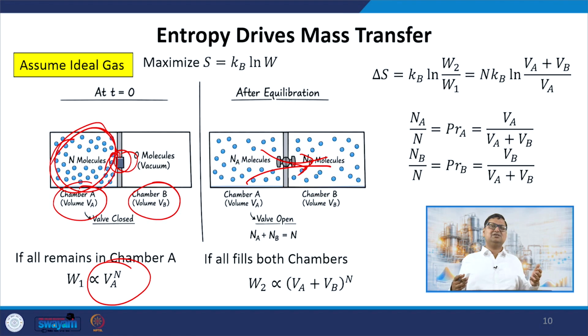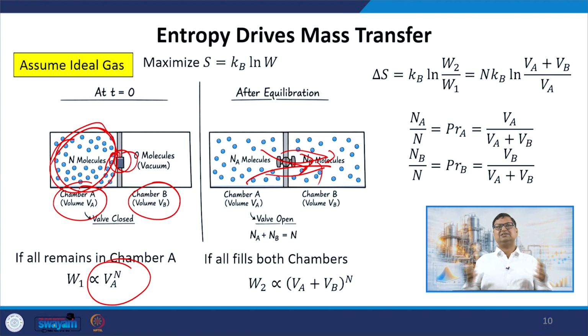For two particles, the number of ways is VA into VA, VA square. So for n particles, the number of ways in which the particles can get distributed within chamber A is VA to the power n, maybe with some prefactors, but those are not very important. On the other hand, if at least some of them go to chamber B and others remain in chamber A, every molecule gets more room to play around.